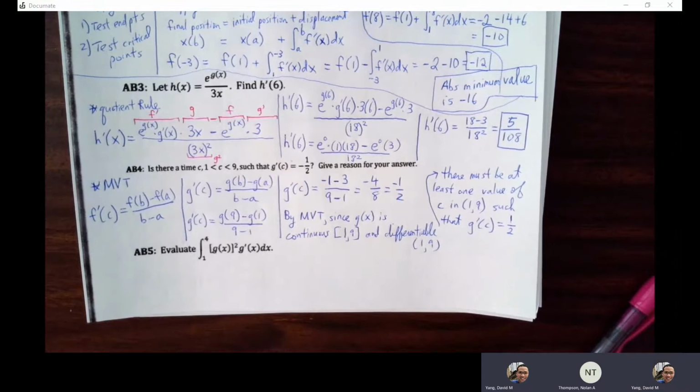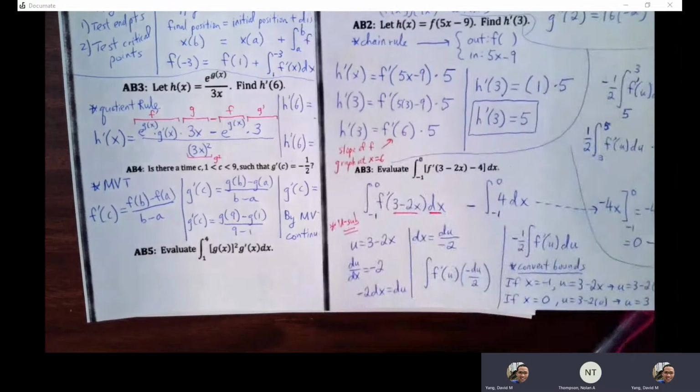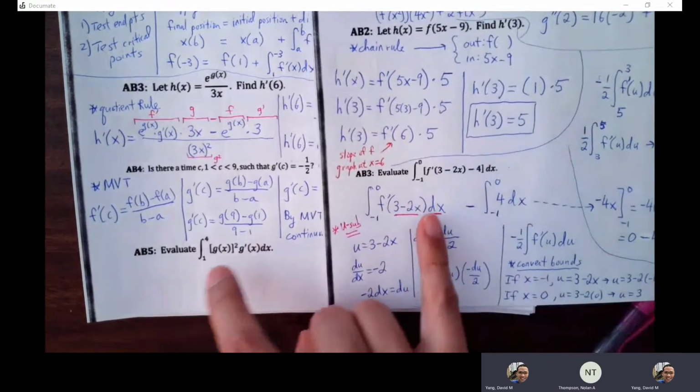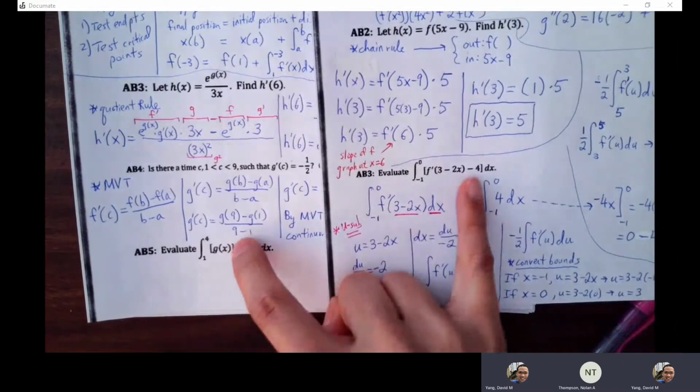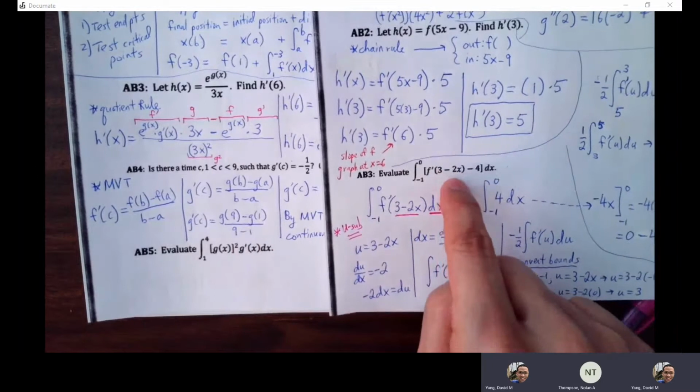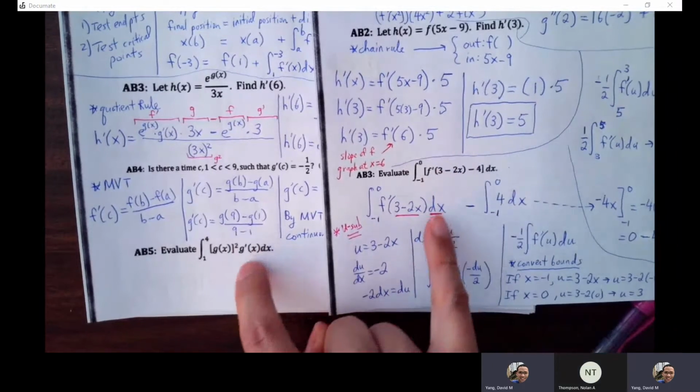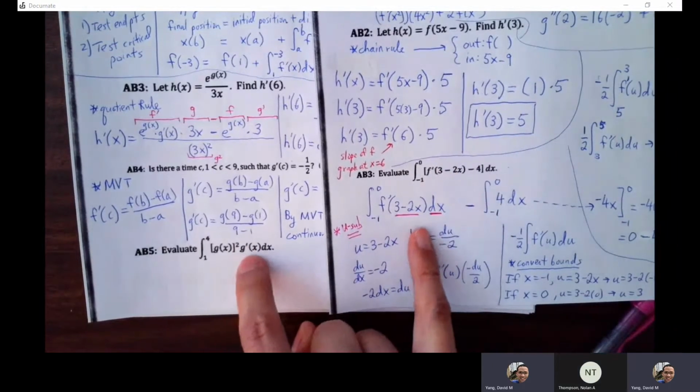Chain rule? Integral, what's the integral for chain rule? You talked about it. So look at the previous problem. What did we do that was similar to this process on the previous problem? We use mean value theorem. Yeah, U sub. Basically we take a messy integral and clean it up to a point where it's easier to work with.